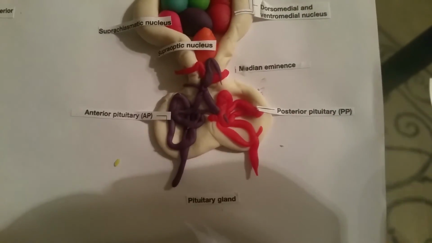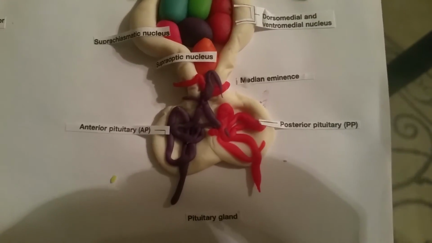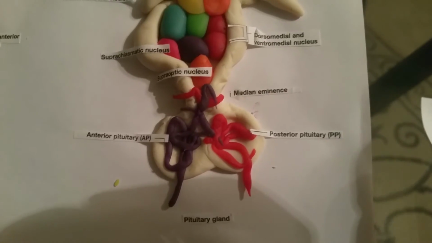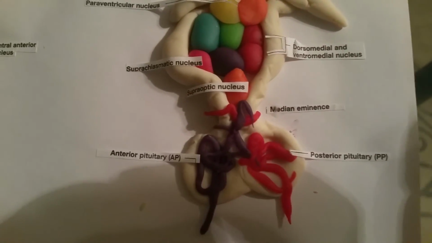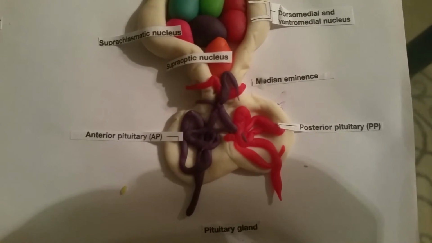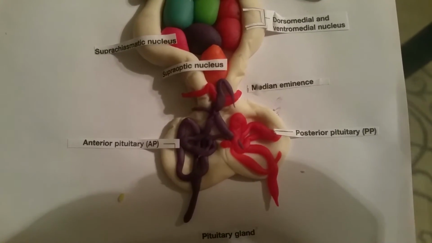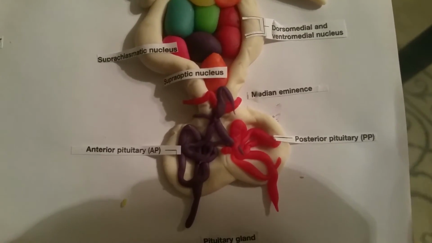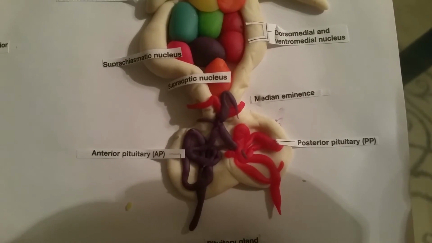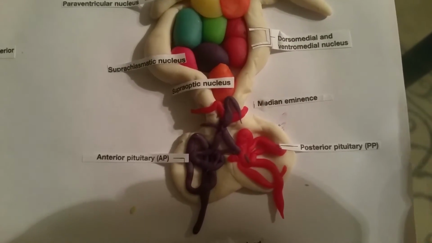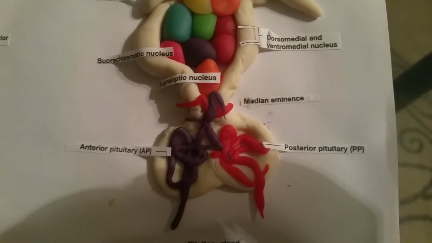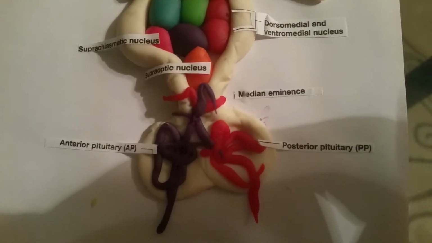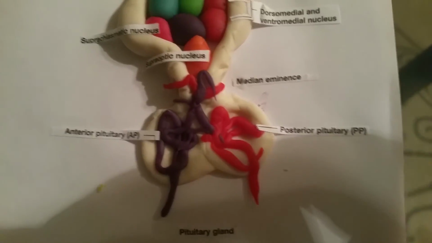Okay. So then the pituitary gland, we have the anterior pituitary, and the release of AP hormones is modulated by the stimulatory factors released by the hypothalamus. And we have the posterior pituitary, the PP.